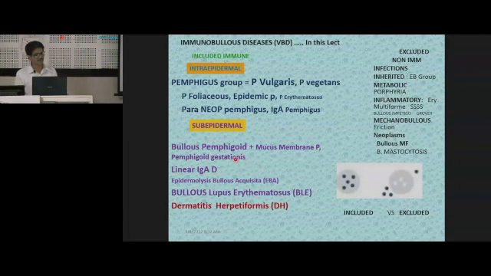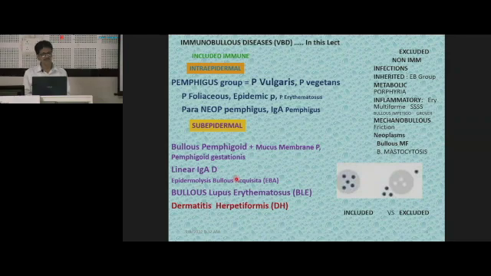So in subepidermal we have bullous pemphigoid and its variants, and linear IgA disease, which is also called the chronic bullous disorder of childhood, and there is an adult form also. Then epidermolysis bullosa acquisita.